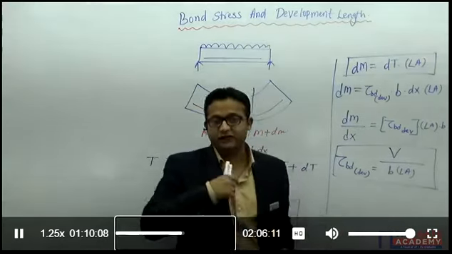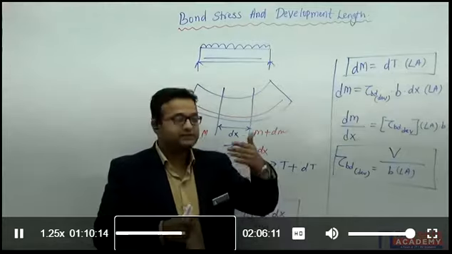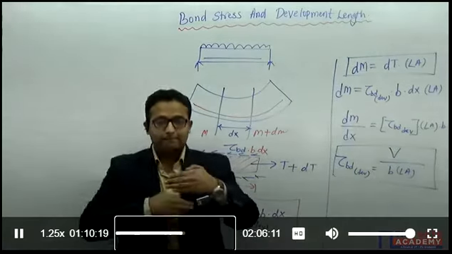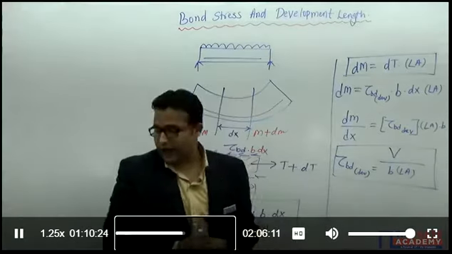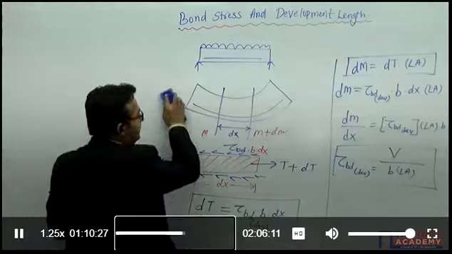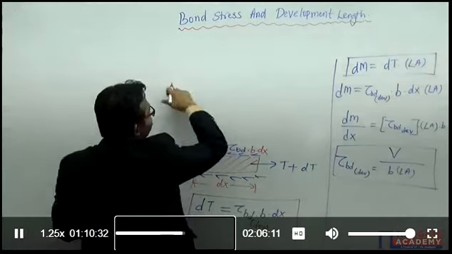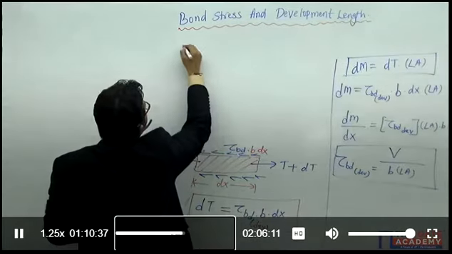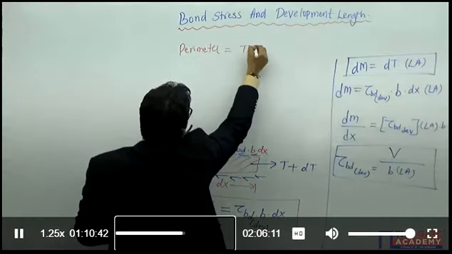This B is not the width of the beam, right? Because this tau BD I am considering is acting in the concrete which is surrounding the reinforcement. So the perimeter of the reinforcement shall be considered as B. If suppose I know the perimeter of reinforcement is pi phi, so I can write here perimeter equal to pi phi.